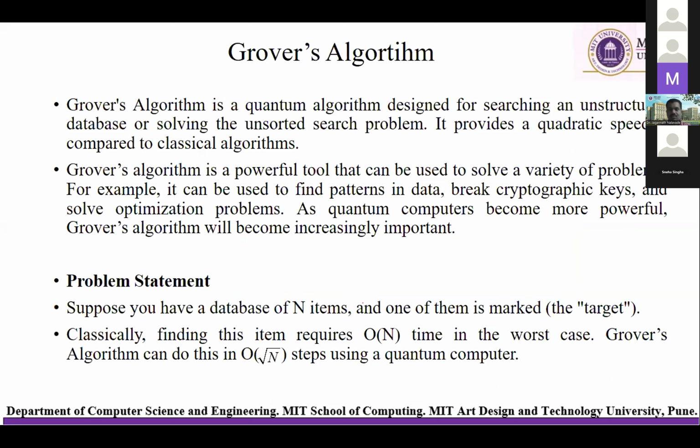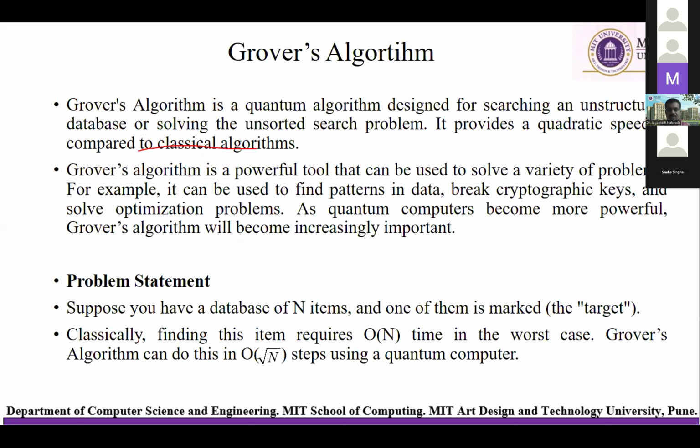So this algorithm, at this particular stage, you might now guess that we can mostly use it for searching a database or solving the unsorted search problem. It provides a quadratic speedup compared to classical algorithms.